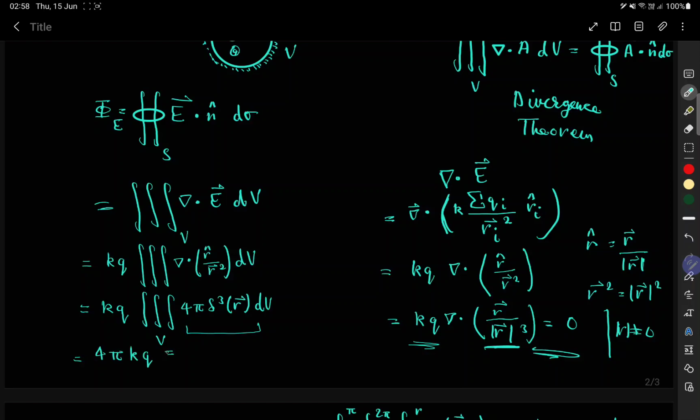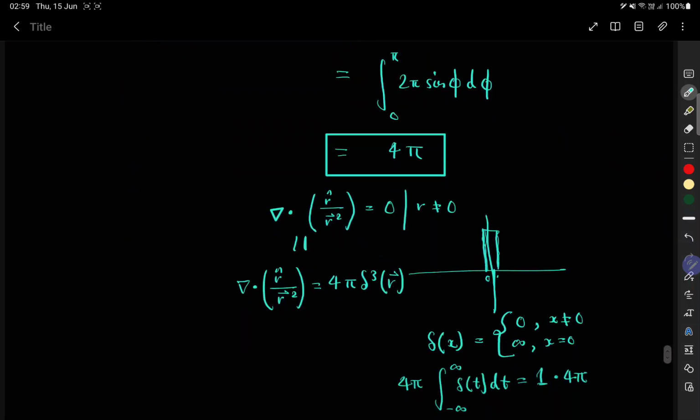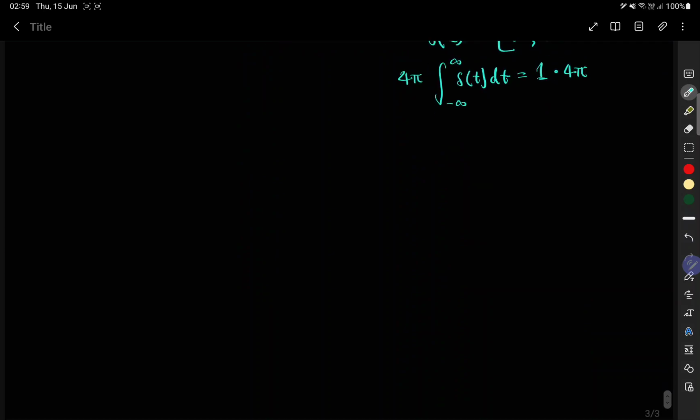Now let's just remind ourselves of what k is, the Coulomb's constant. The Coulomb's constant was 1 over 4 pi times epsilon naught. And now you can see why the 4 pi is important, because you can just cancel this out and get this to be q by epsilon naught. And that is the integral form of the Gauss law for electric fields.